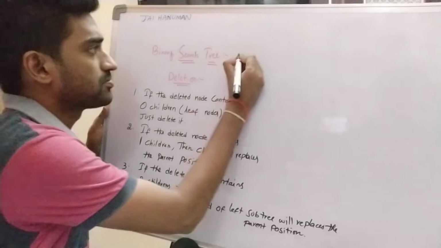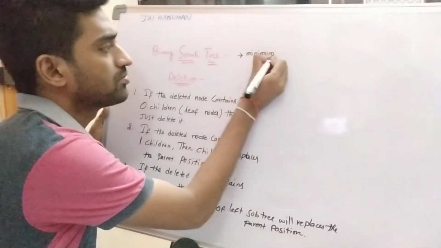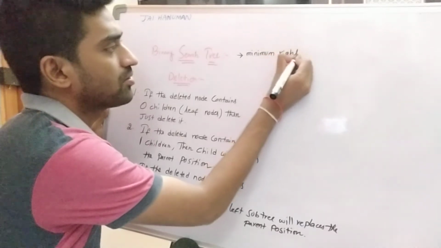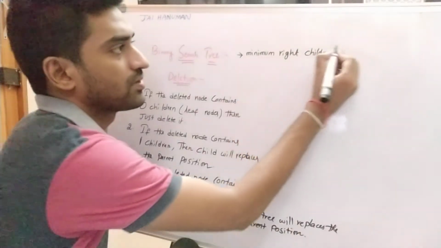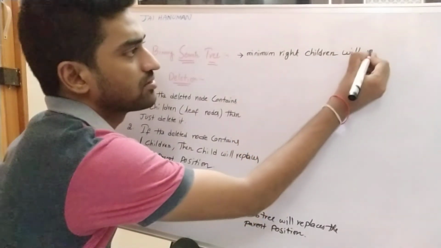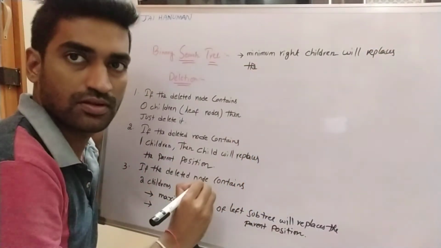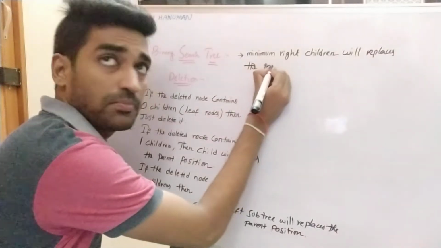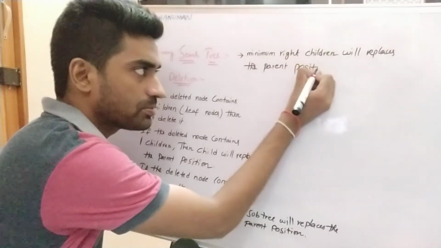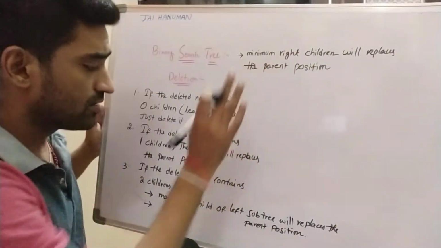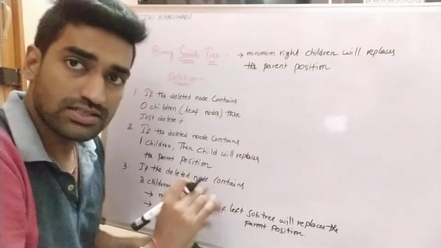Second, the minimum right child will replace the parent position. So these are the two possible cases if the deleted node contains two children.